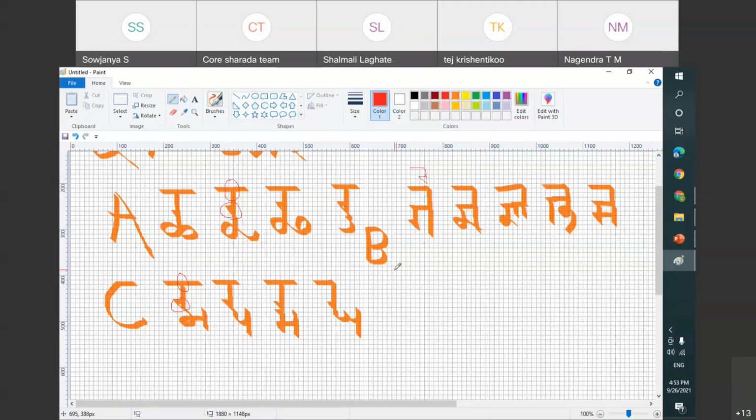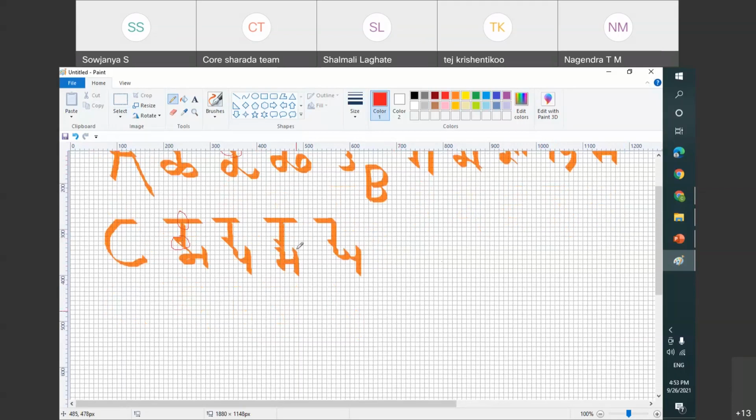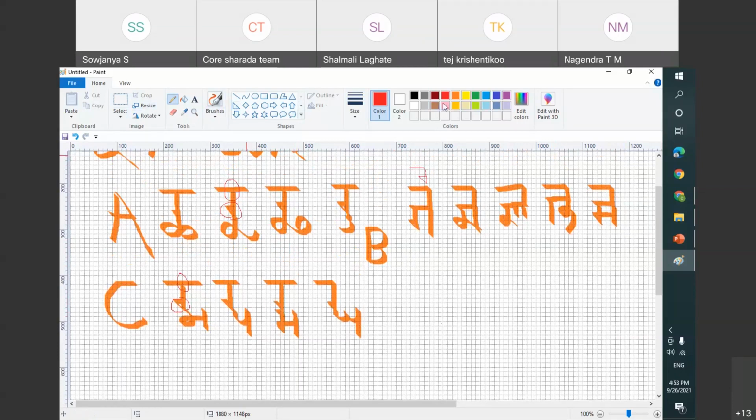We will also give you assignments, and please try in your own words and write that. And the last one, which the students will remember, the last one which I will tell you at the end. These two alphabets are very special in Sharada. R, Y, and R, V. You just have to remember these.